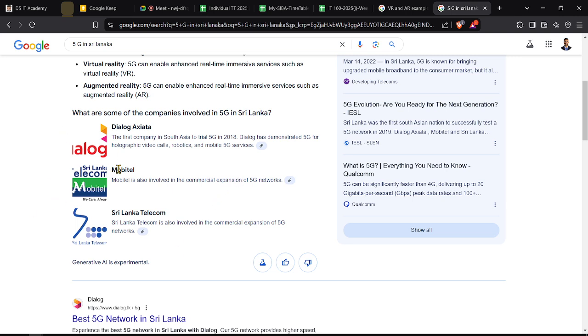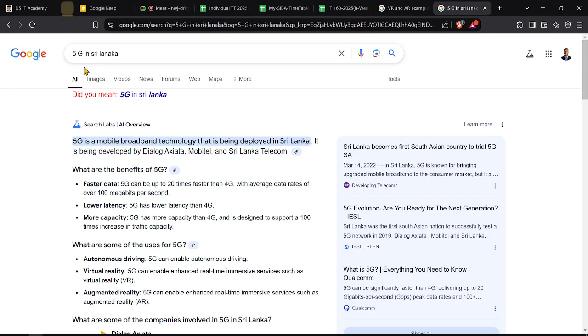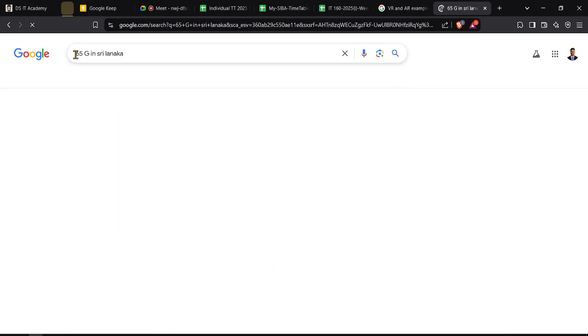They are maybe having problems with their antennas and other stuff, because to access 5G connections, you should have a good network connection, and very powerful antennas, right? And they will eventually develop. We'll see in the future we can access the 5G, right? So we'll see whether we have the 6G in Sri Lanka.